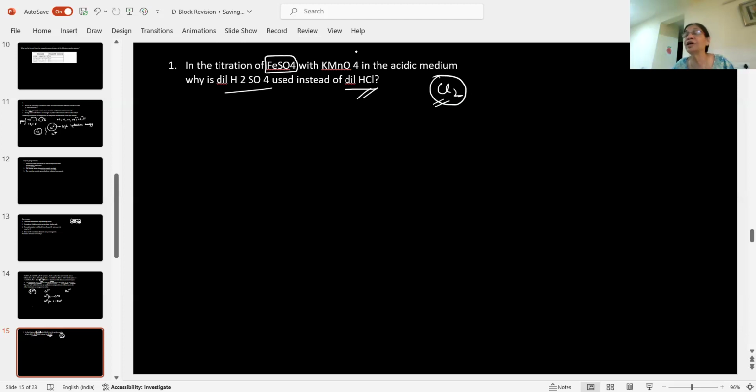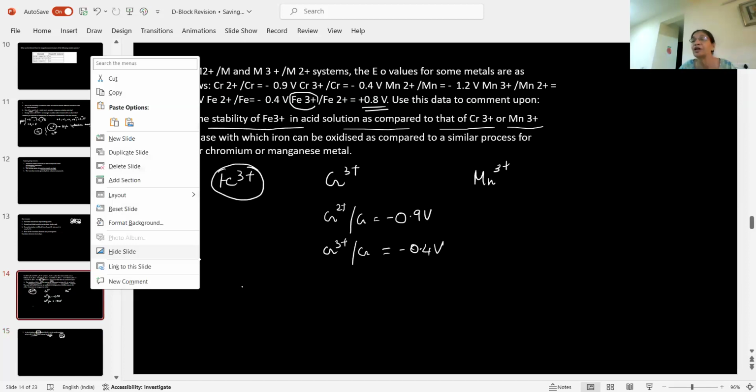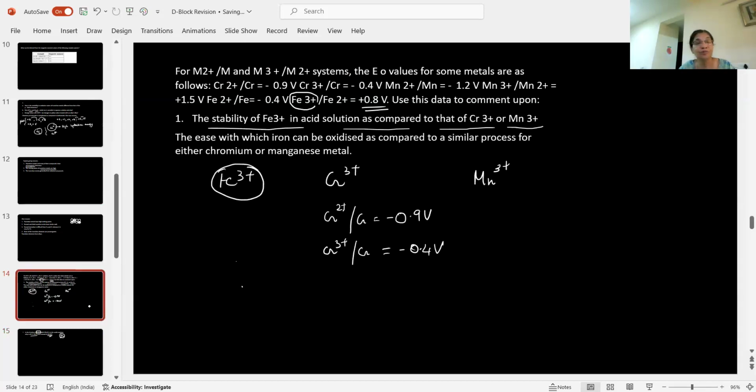So HCl is also an acid which can be oxidized by KMnO4. That is why in titration we don't use HCl, we use H2SO4. Right? Here you have to assume that it is not an oxidizing acid. It is sulfuric acid or dilute H2SO4.